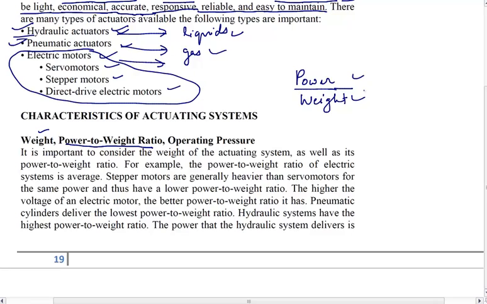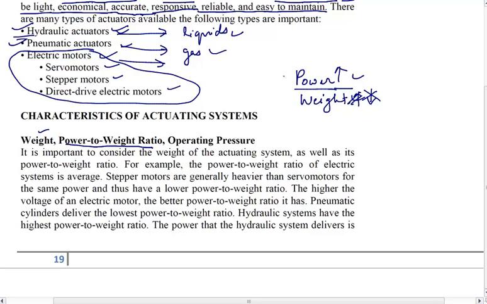Now you can have very high power, because of which the weight is also high. Or it can also occur that the power is high and the weight is less, which gives an even higher power to weight ratio, but we don't have such a scenario.